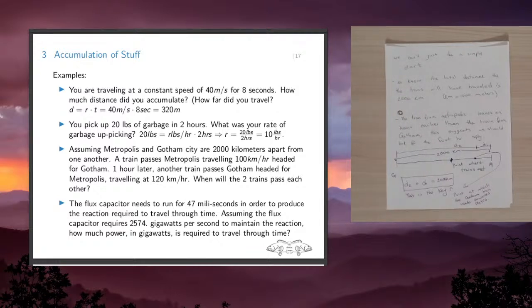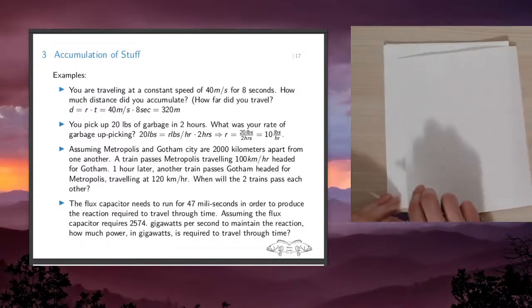So let's look at these 2 different pieces. Let's start with the first distance.